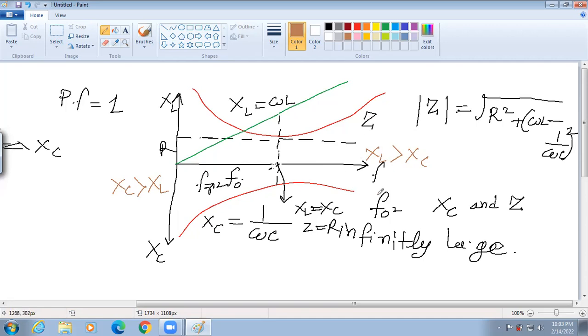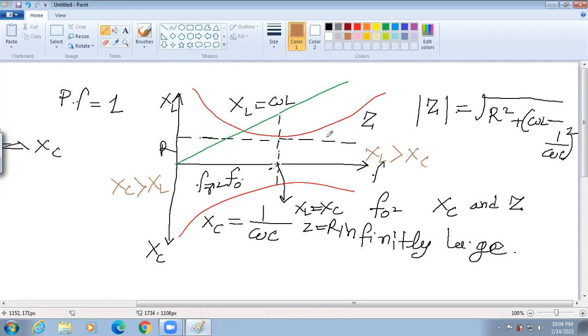Whenever you go for the numerical, you can realize this, 10 hertz before and 10 hertz above. Here you get the inductive current, and here you get the capacitive current. At frequencies above resonance, XL is larger than XC, causing Z to increase. Here Z will again increase.